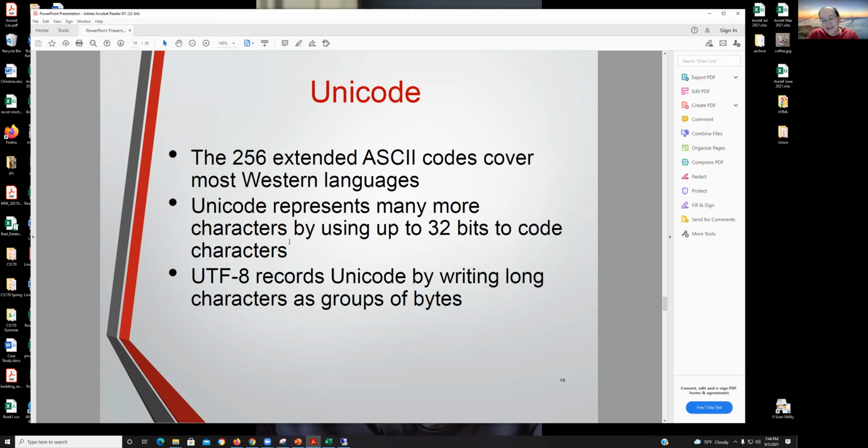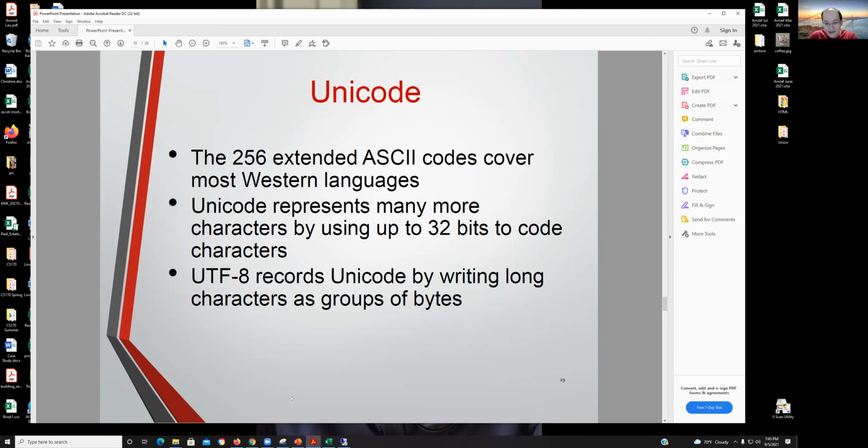Unicode. All you really need to know about Unicode is that it gives you more combinations than ASCII does. It's an extension of ASCII. ASCII was driven by Western languages, so it only covered a certain number of characters.